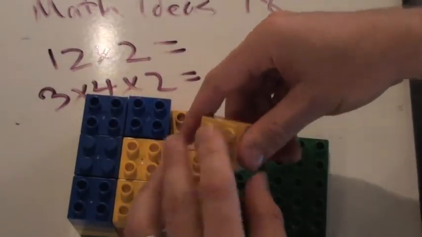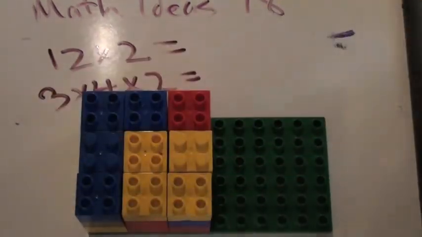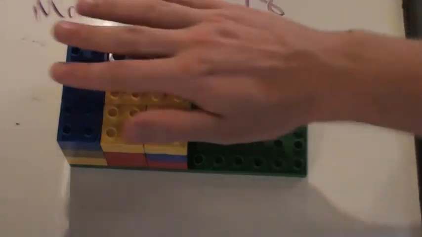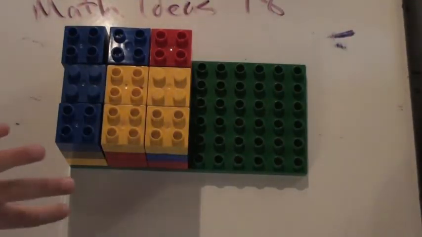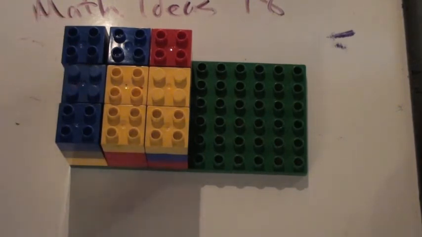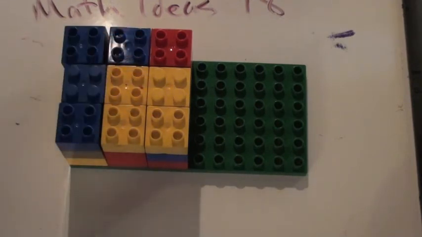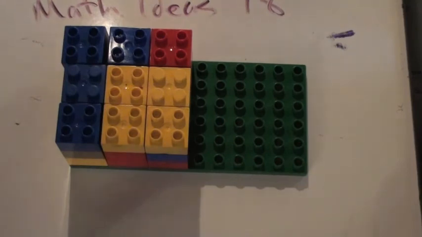This one's crazy. 27. 27, very good. So how did you figure that out?